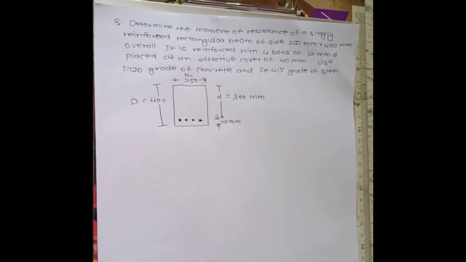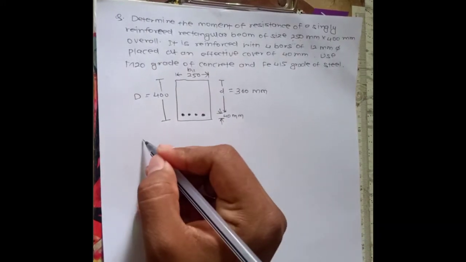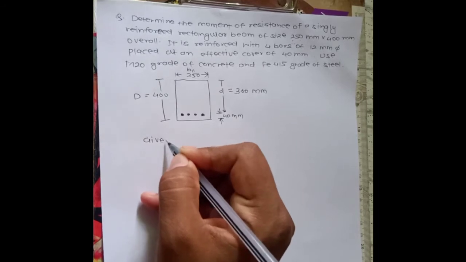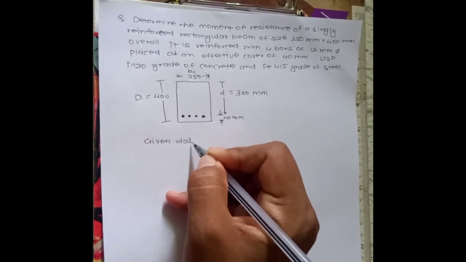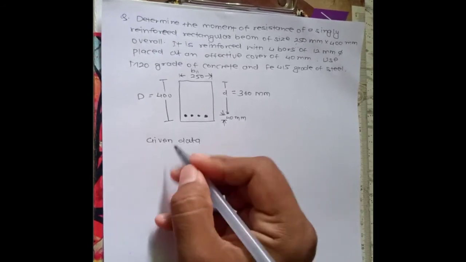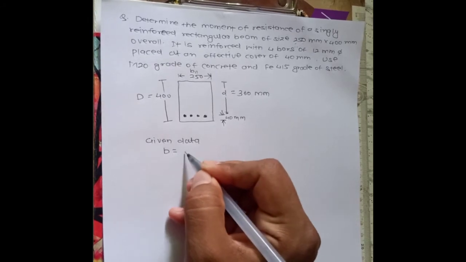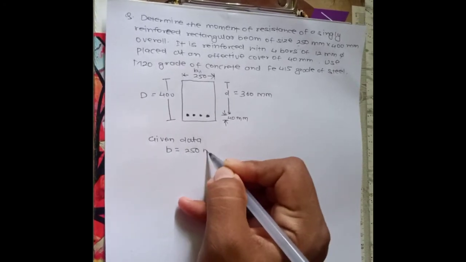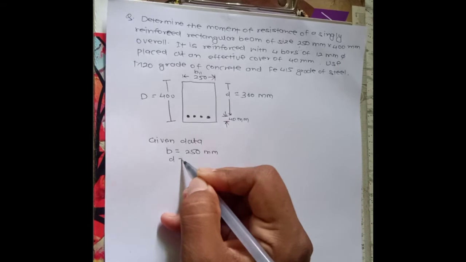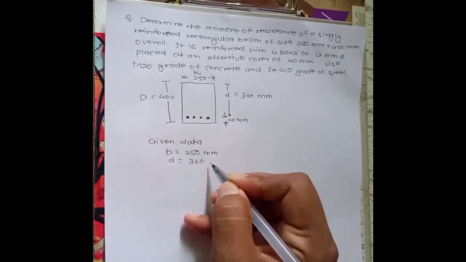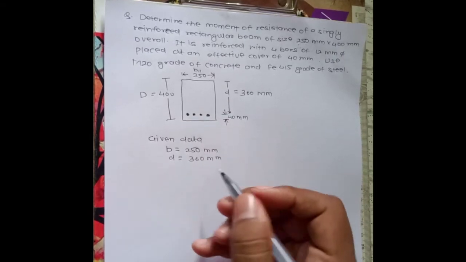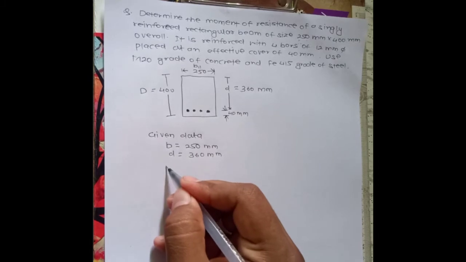Now after that, write the given data. So we have B as 250 mm, then small d as 360 mm, and we need to find the area of steel.